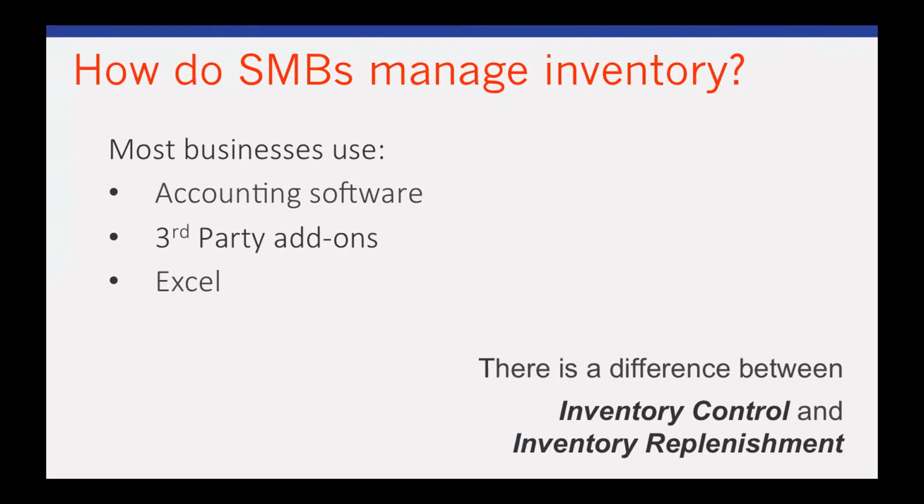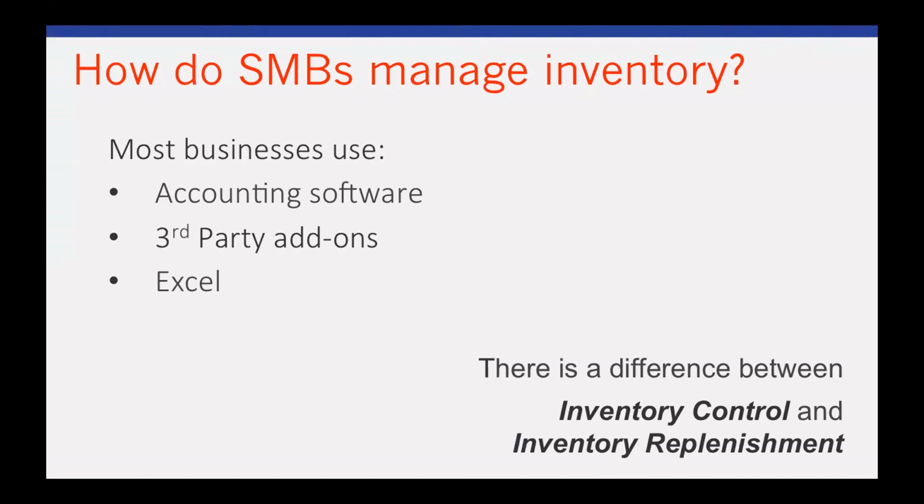And so for the most part, for these businesses, the value of their inventory is really the largest asset on their balance sheet, right? It's absolutely core to their business. And so the question then is, well, how do the majority of these businesses manage this critical inventory asset that they have?